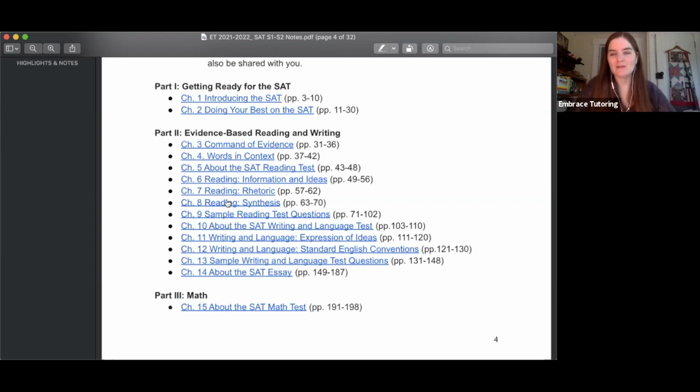The specific questions that you see are going to be very diverse, but they still fit into these very broad categories of the College Board's classification.